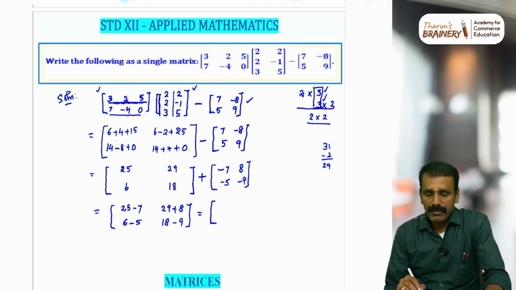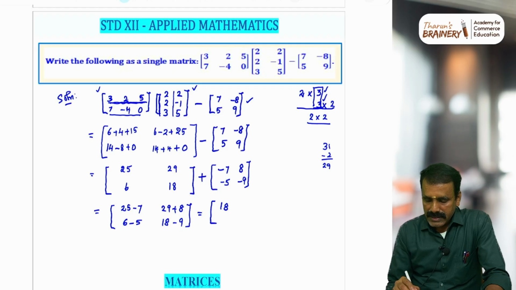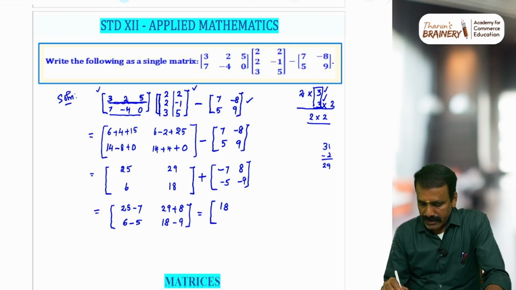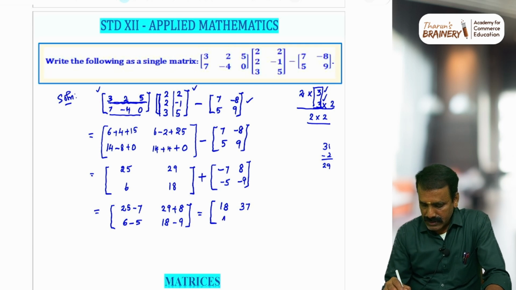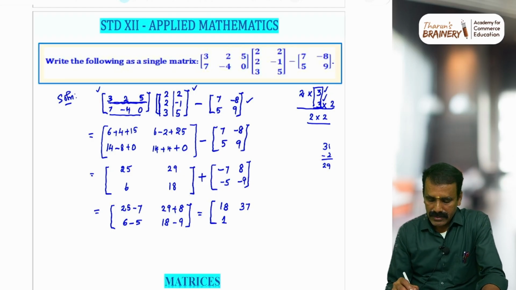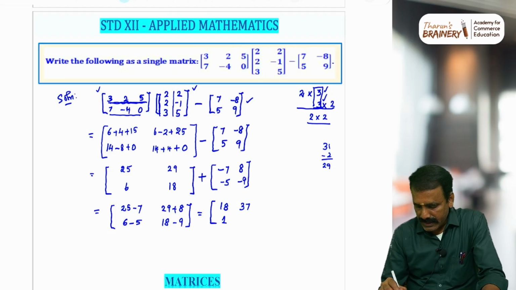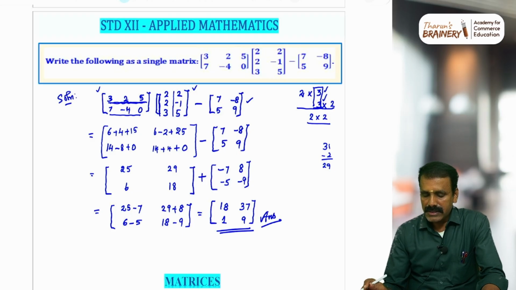So 7 is subtracted from 25. So it is going to be 18. Same symbol, add, it is going to be 37. 6 minus 5, different symbol, subtract. So it is going to be plus 1. 18 minus 9, different symbol. So subtract. 18 minus 9 is going to be 9. So this is the answer. And we transform the product and the difference into a single matrix.